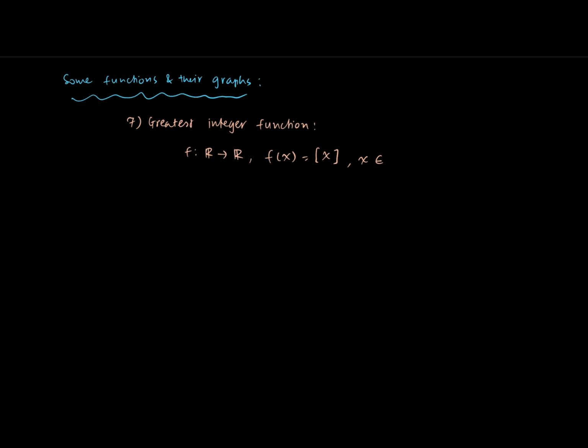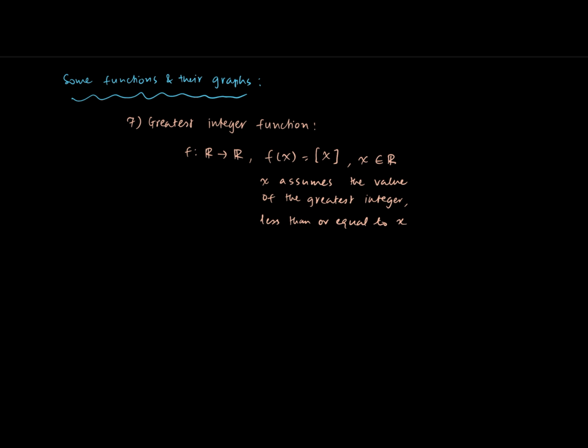Here x belongs to real numbers, which means that f of x assumes the value of the greatest integer less than or equal to x. Now such a function is called the greatest integer function.